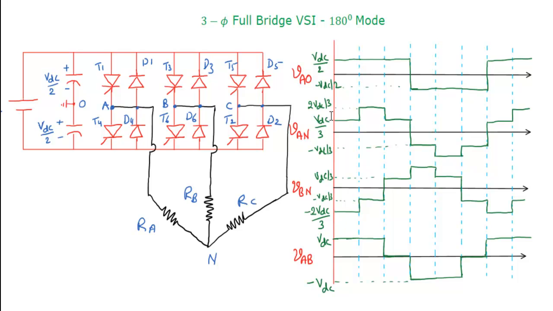Look here at the first leg, phase A. After 180 degrees, we turn off the thyristor T1 and immediately turn on the thyristor T4. T1 generally connects phase A to positive, so at the end of 180 degrees we complete the conduction by T1, turn it off, and immediately turn on T4.